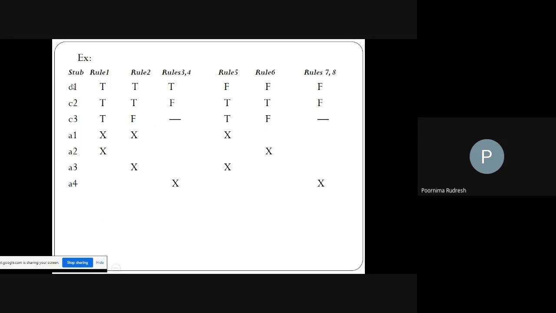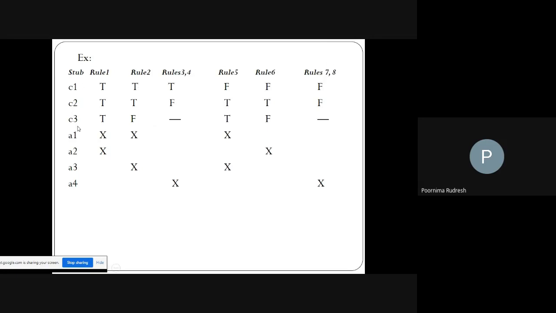The condition part is represented by C and the action part by A. Based on the conditions C1, C2 and C3, we get the outputs or actions, A1, A2, A3 and A4. Let me show this example. Here we have constructed one decision table which consists of a set of rules and the stub part.